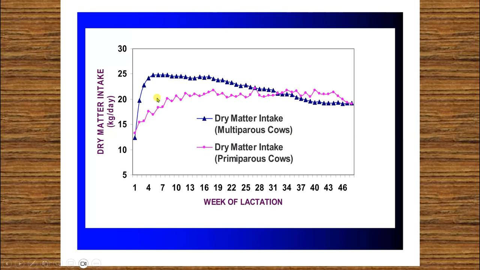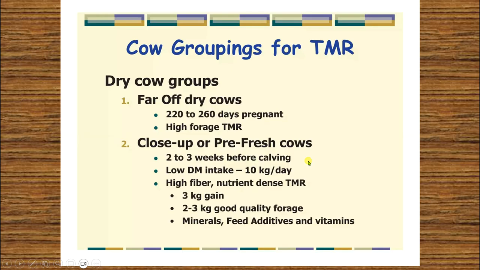Whereas in the case of the heifer, it is a little bit fluctuating, and the maximum dry matter intake may be 15 or 15 to 20 kg, and it will stay there itself. So this is the difference between a heifer and the primiparous or multiparous animal.